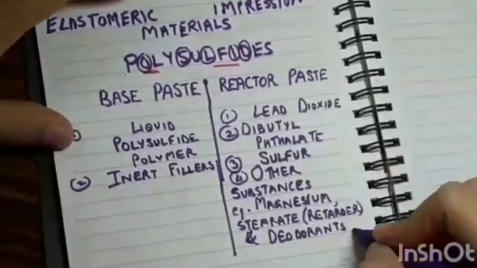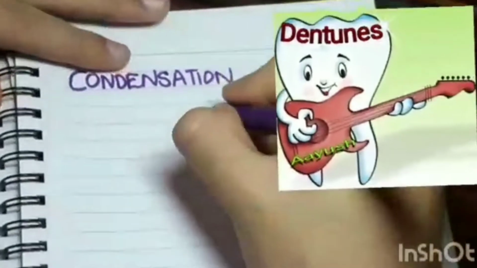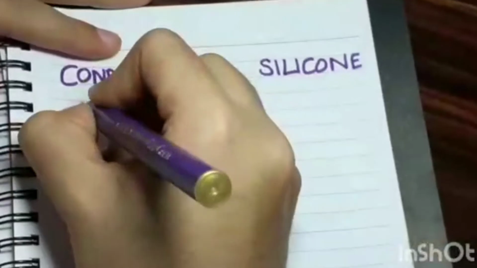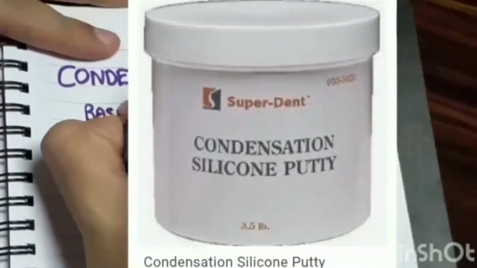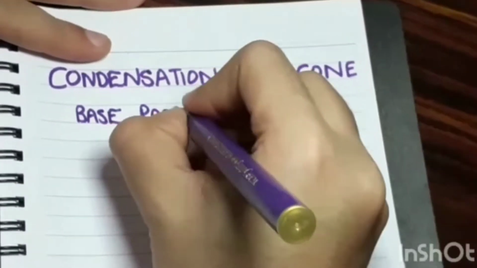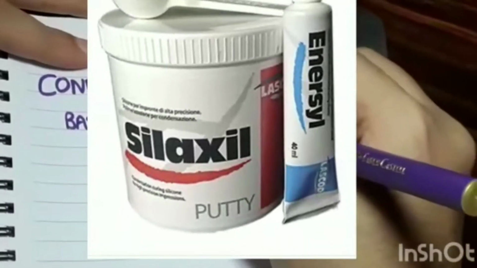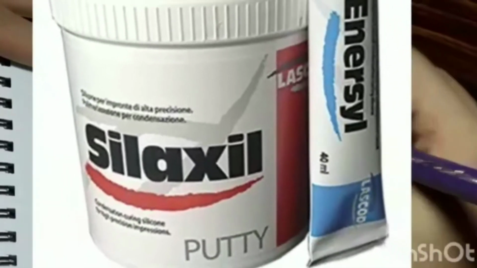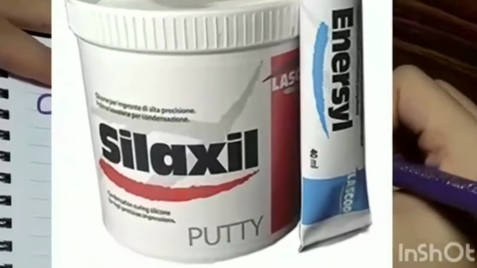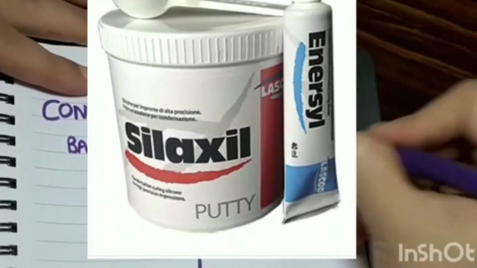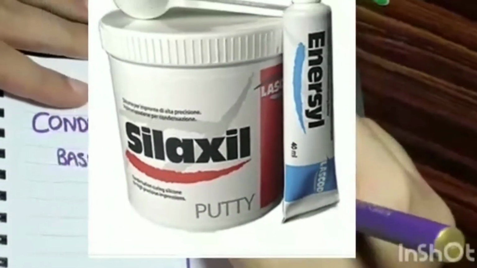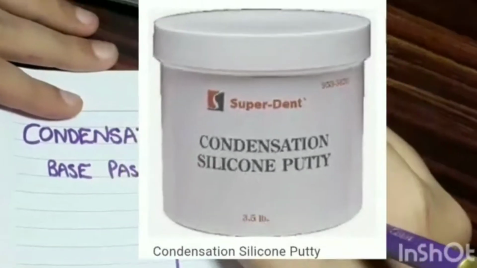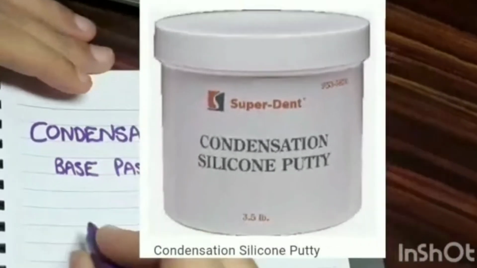Next we come to silicon impression materials, which are of two types, condensation and addition silicon. So let's start with condensation silicons. They also have a base paste and a reactor paste, also called accelerator. So we'll first start with base paste.